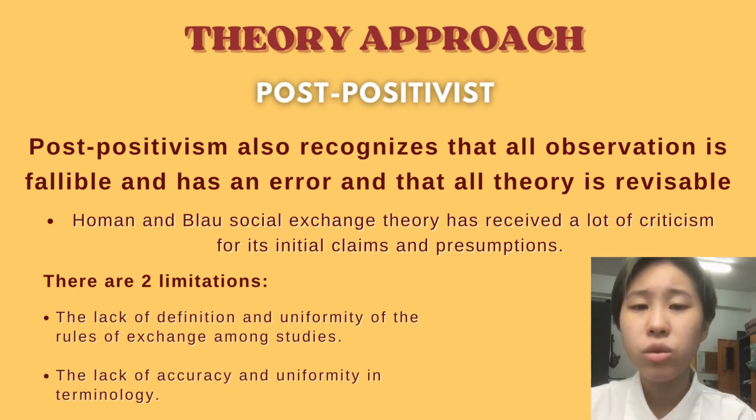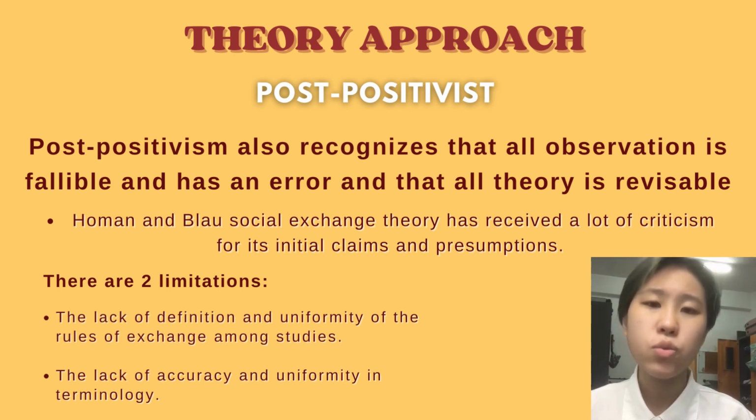There are two limitations on which researchers differ from Homans and Blau's findings of SET. The first one is the lack of definitions and uniformities of the rules of exchange among the studies.